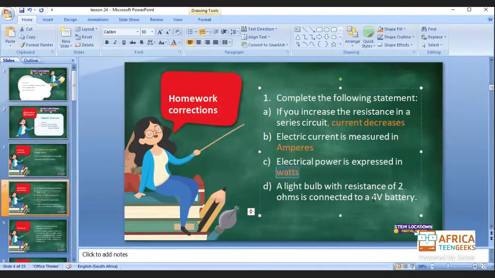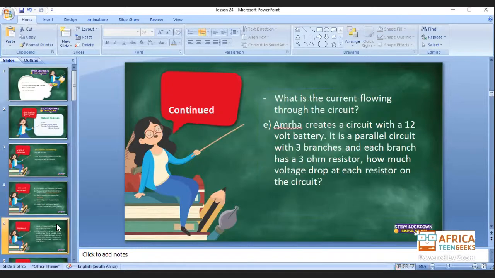A light bulb with a resistance of 2 ohms is connected to a 4-volt battery. They want to know what is the current flowing through the circuit. To be honest, I didn't do that one because I don't understand. So let us go back there.